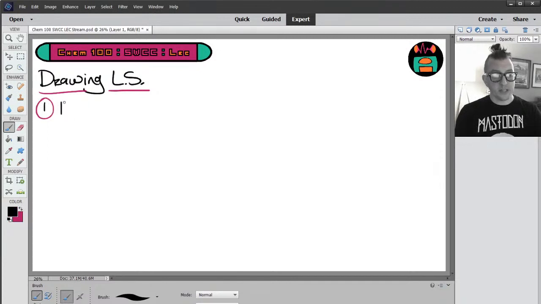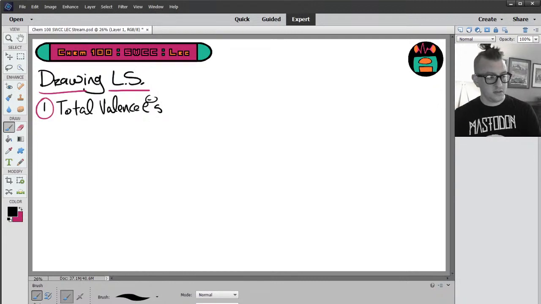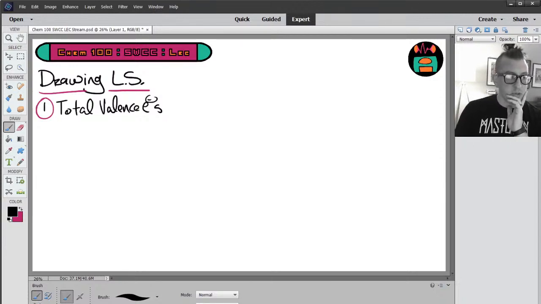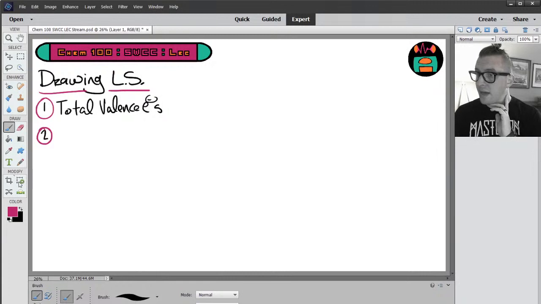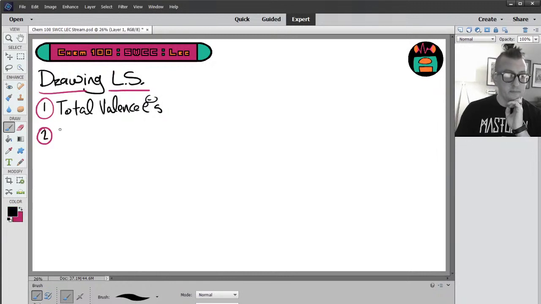For step number one, we total our valence electrons. Step number two, we pick a central atom.